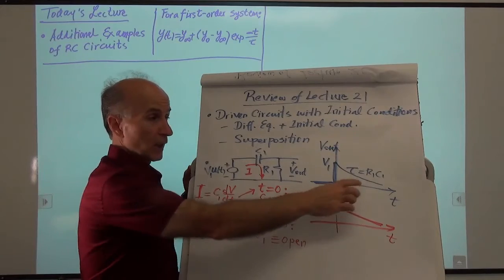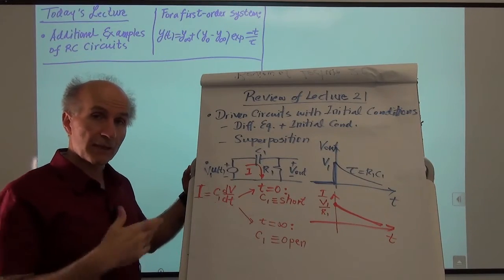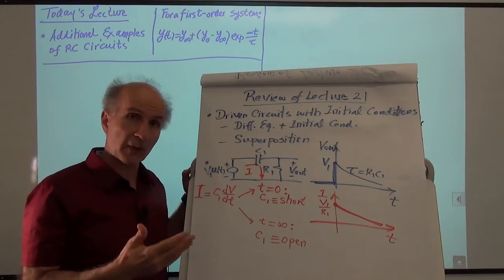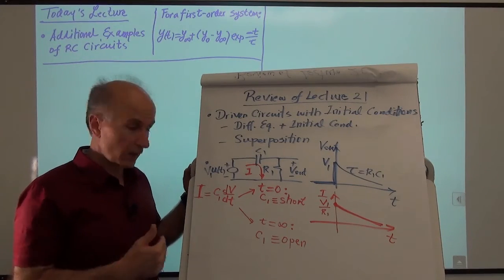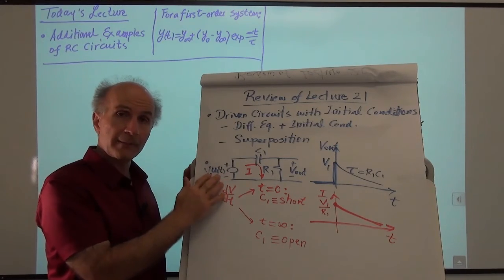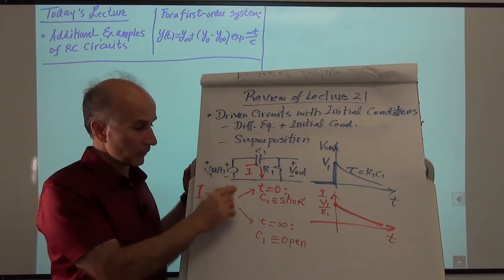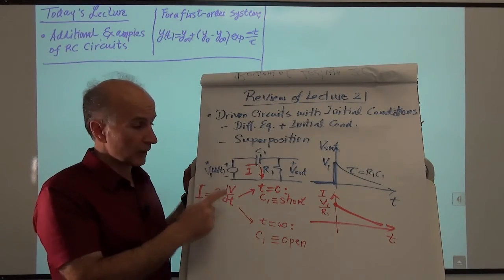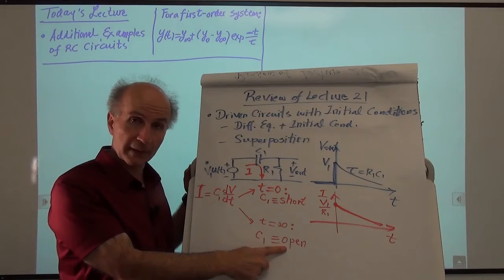And then at the other extreme, when time goes to infinity, assuming that the voltage on the capacitor becomes constant, that's our guess, because there are no other changes in the circuit beyond this step, then the current through it becomes 0, so the device acts like an open circuit now.